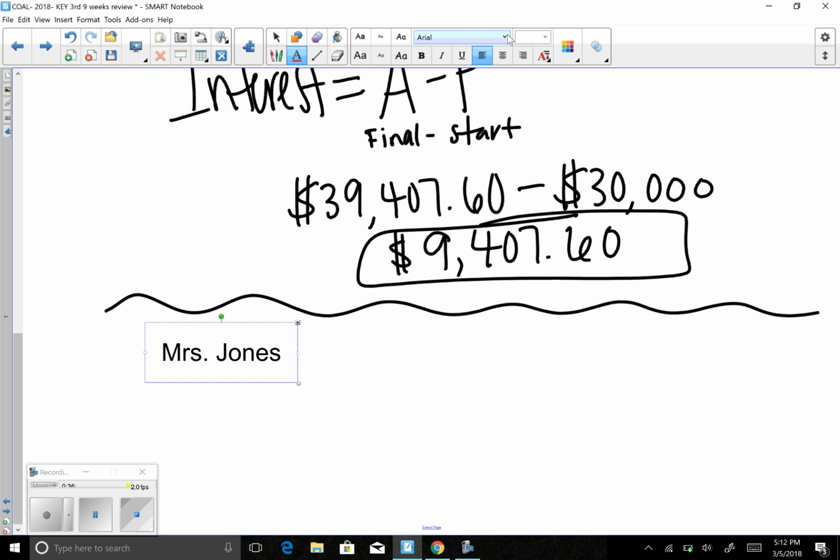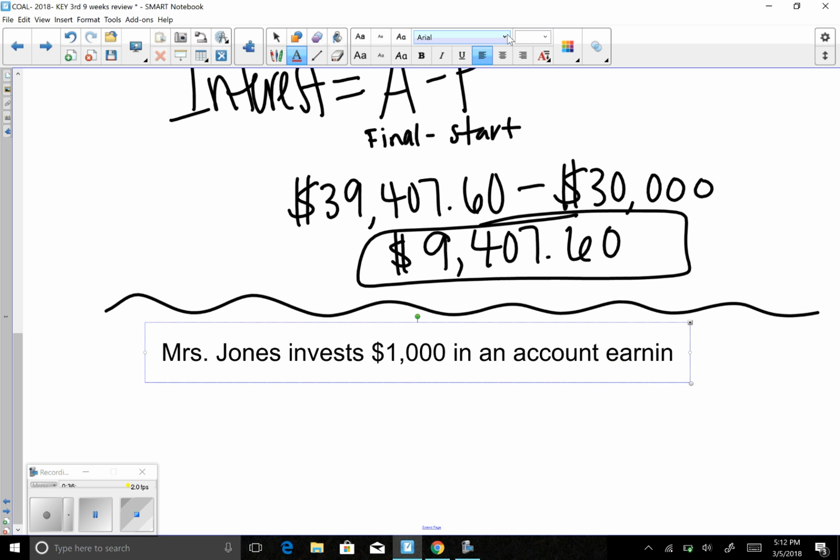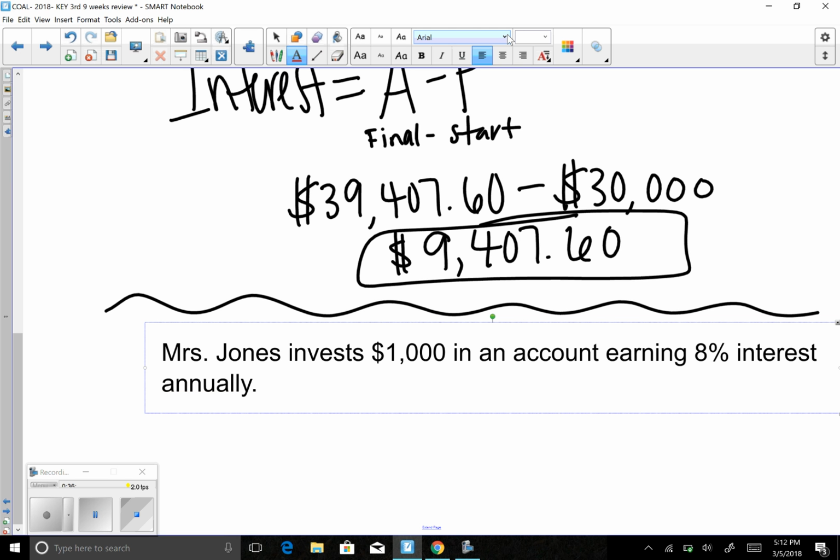So Mrs. Jones invests $1,000 in an account earning 8% interest annually.